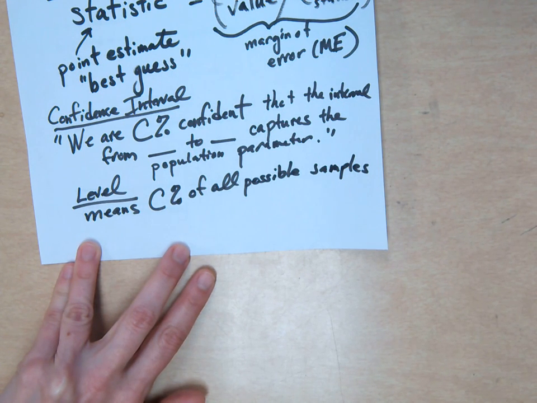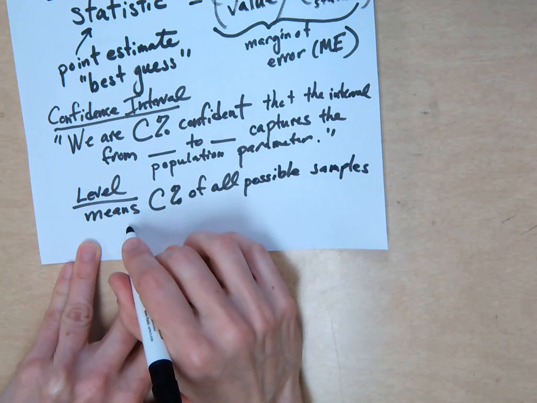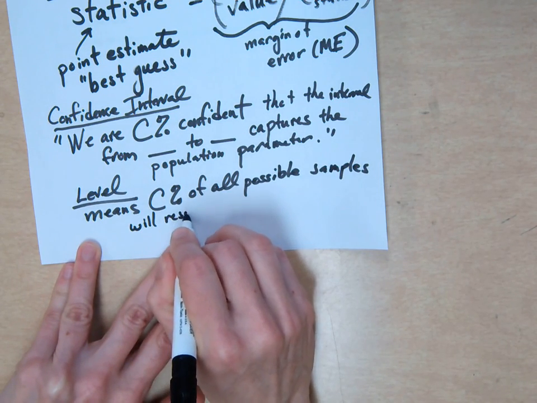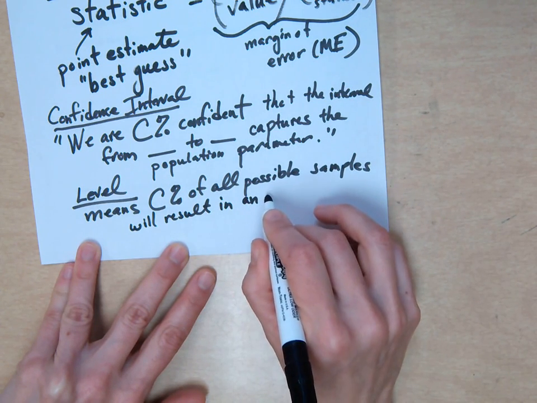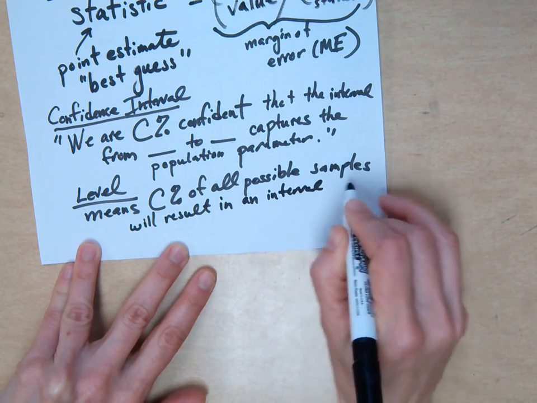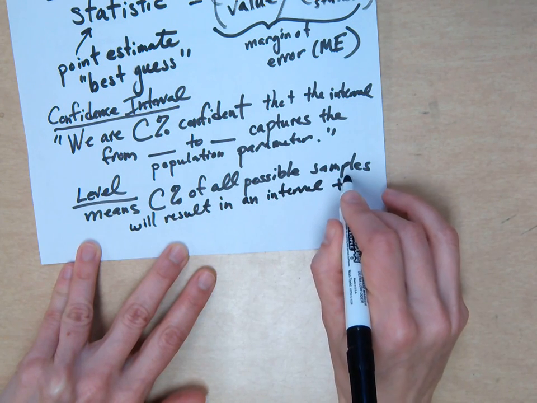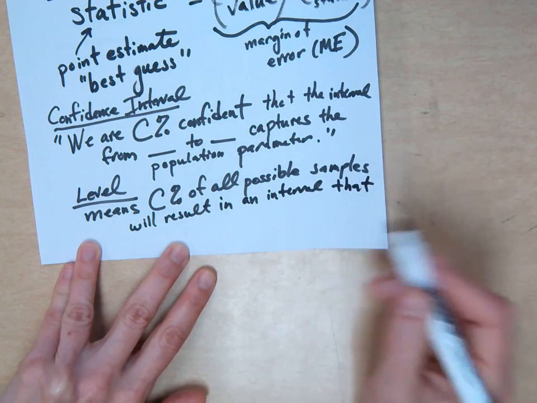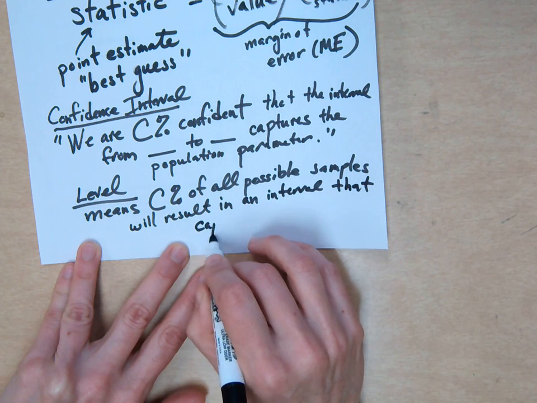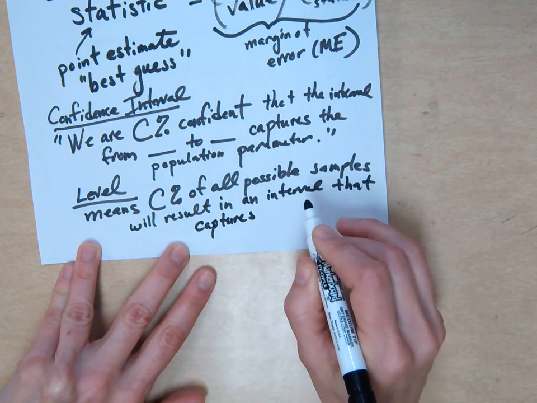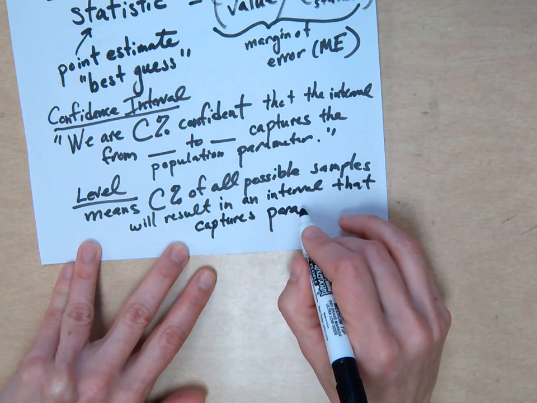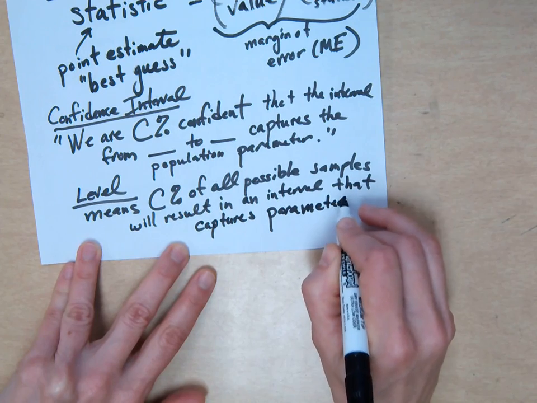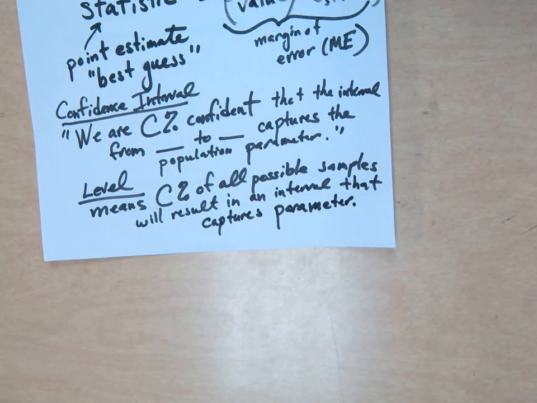C% of all samples will result in an interval that captures, and the rest is the same, that captures, I'll just say parameter because that means population. Population and parameter go together. So we're going to practice this with extra example number 1.